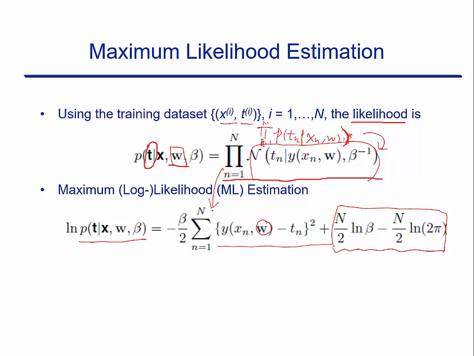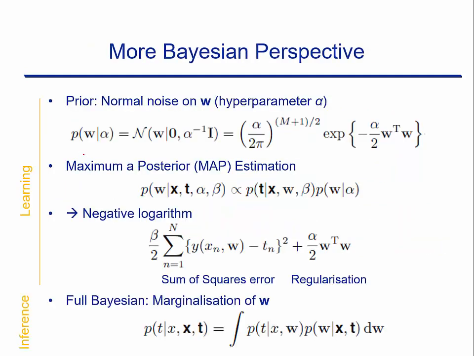We take a probabilistic perspective of the linear regression problem by calculating the probability distribution of a target value t given the input x and the parameter w. After taking a probabilistic perspective as in the last slide, we are still making a point estimate of the parameter vector w, so this is not a fully Bayesian treatment of the problem.